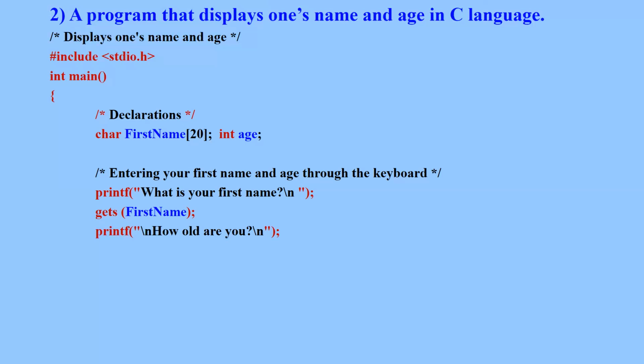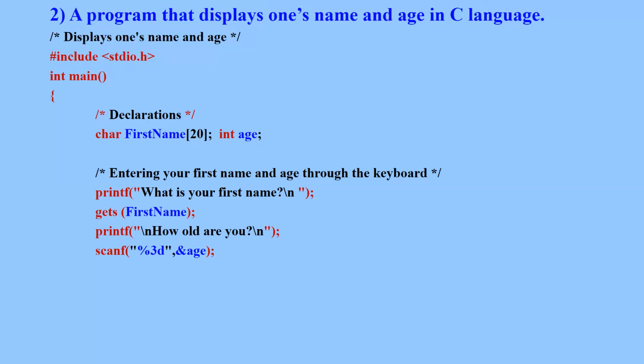The compiler will be waiting for the next entry directly below, how old are you, and not on the same line.